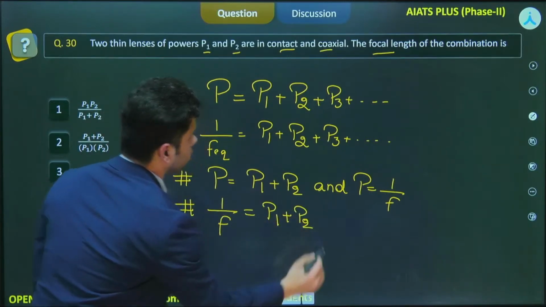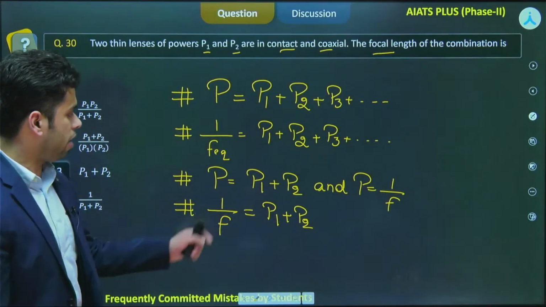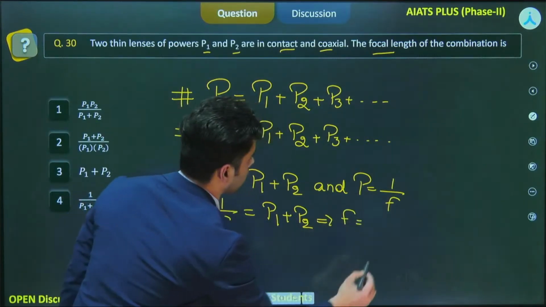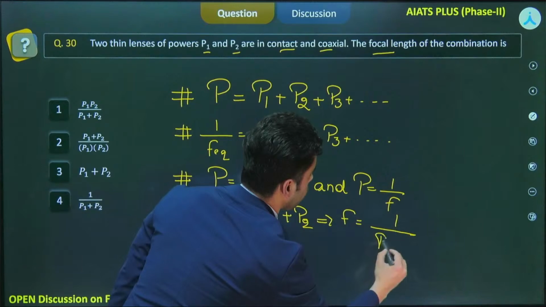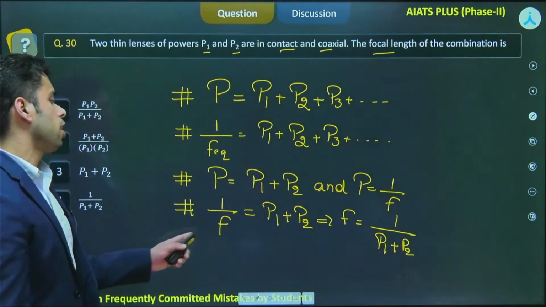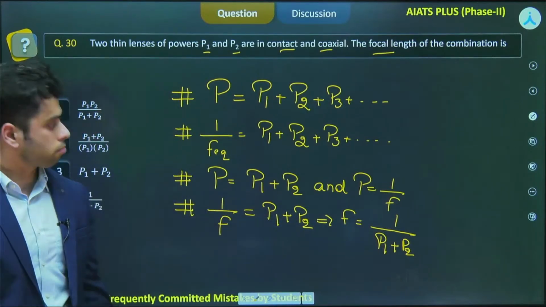What do we need to find? We need to find the focal length of the combination, F. With a little rearrangement, F can be written as 1 over P1 plus P2.